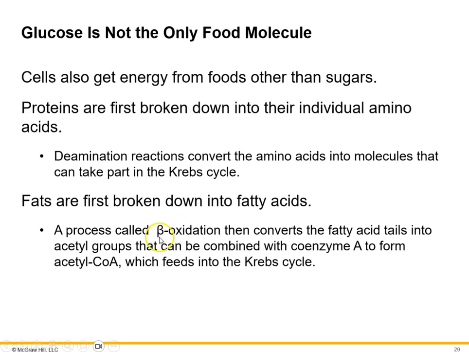This symbol is called beta. So beta oxidation converts the fatty acid tails into acetyl groups that can be combined with coenzyme A to form acetyl-CoA, which is also needed for the Krebs cycle. So this is how we're utilizing those proteins and fatty acids.